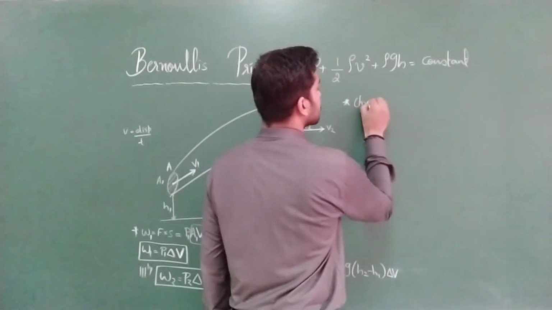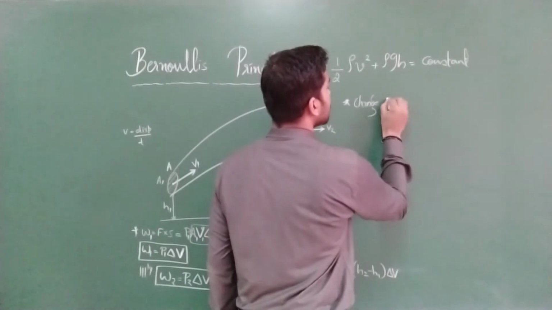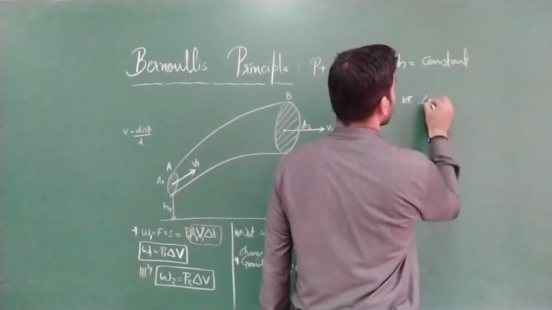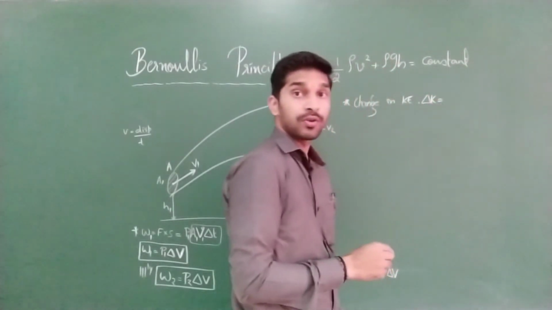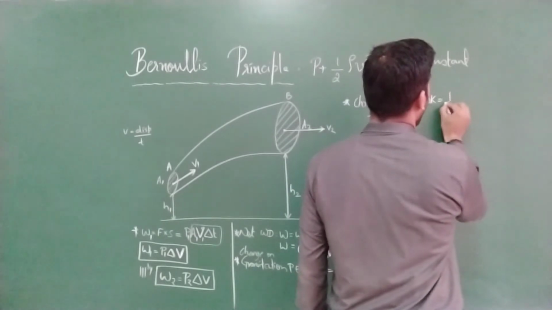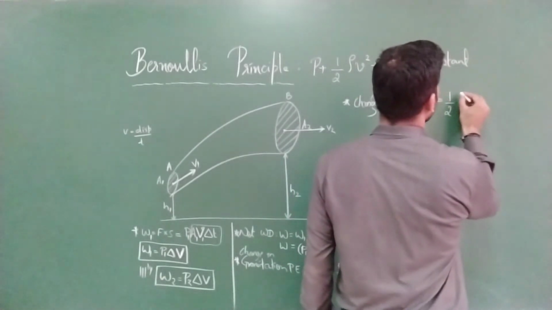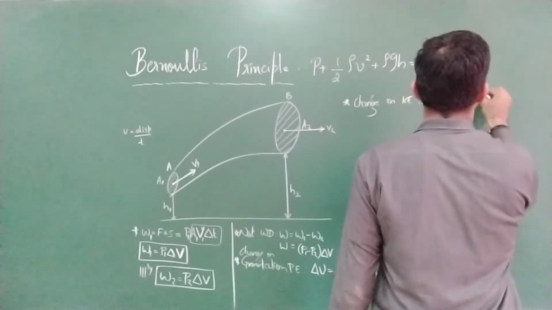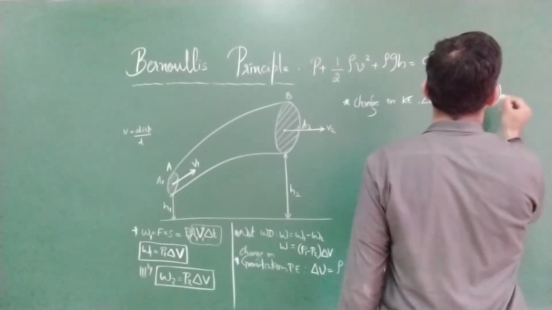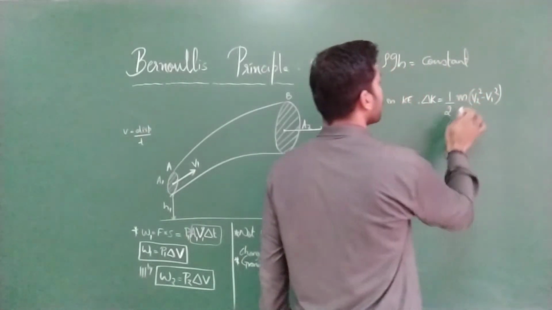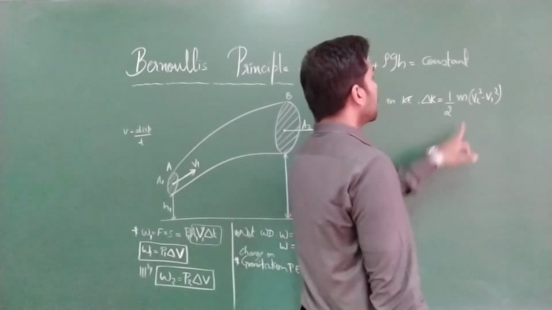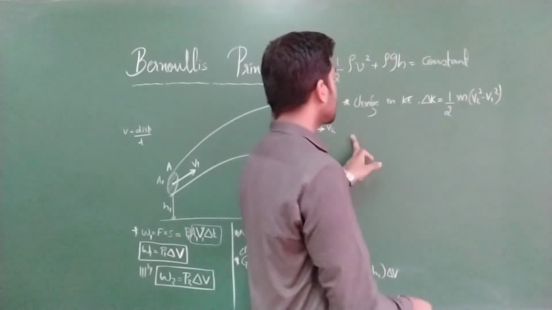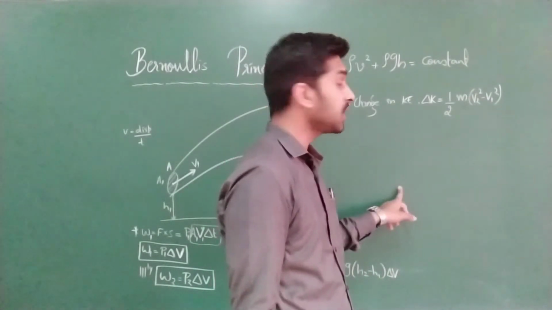So next, change in kinetic energy. Delta K is equal to half m into v2 square minus v1 square. Now from the density relation we are changing this mass. We know that density is equal to mass by volume, so mass is equal to density into volume.